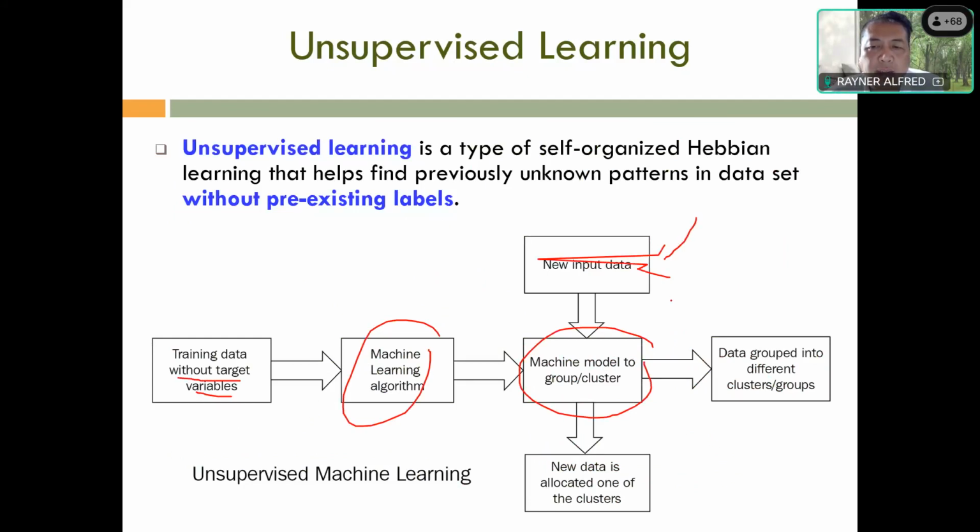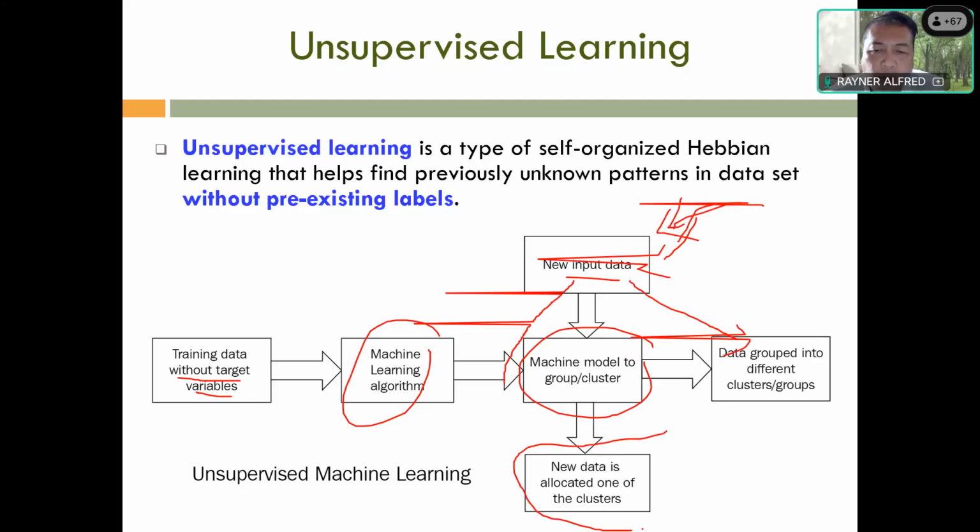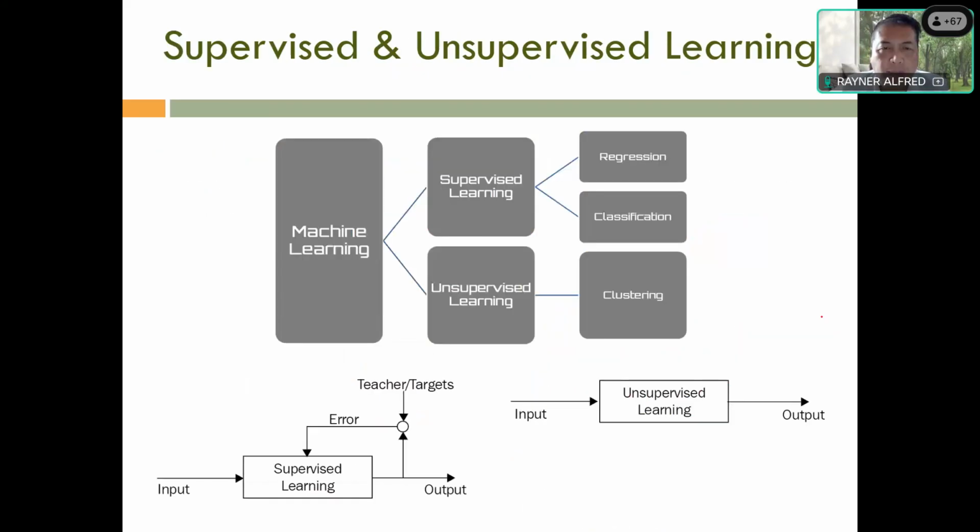When we have new data here, we group it into the most similar cluster that we already have. Every time we have new data, that means we need to recluster. Then we have data grouped into different clusters. We will learn more about clustering. I think you have learned that one before.